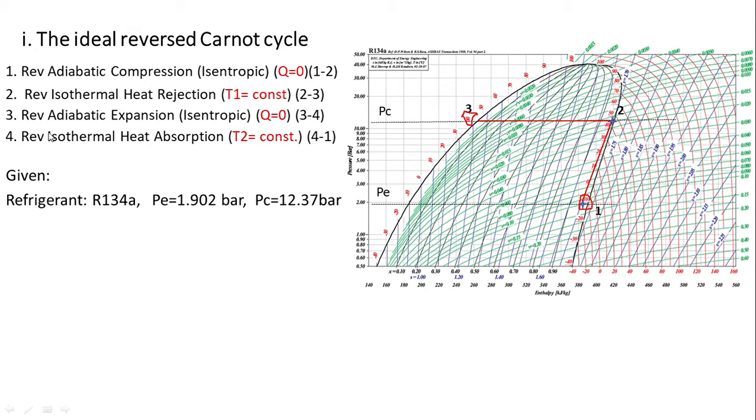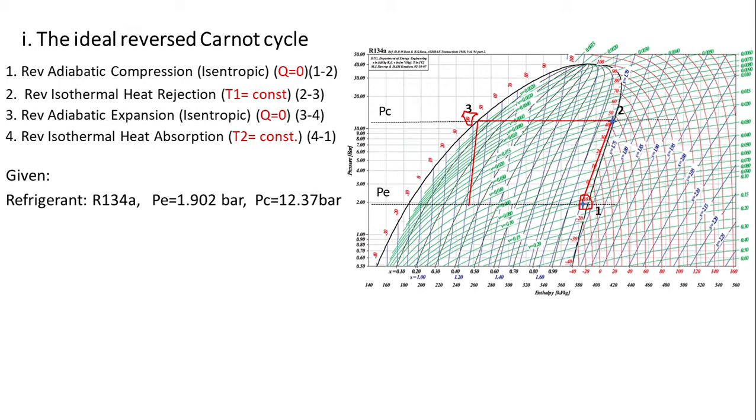Then reversible adiabatic expansion, 3 to 4. What does reversible adiabatic mean? Again it is a constant entropy process. So you have to draw the constant entropy process from 3 up to the evaporator pressure line. If you draw it, it will be somewhere here.